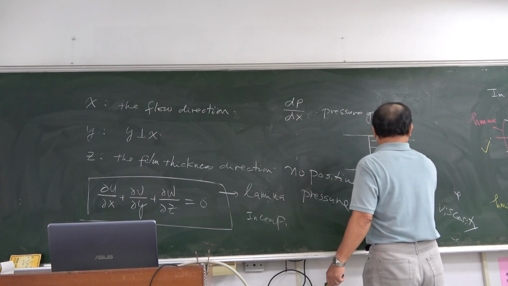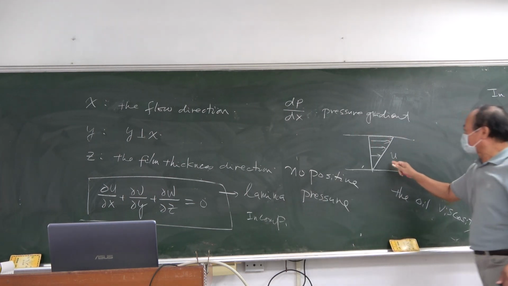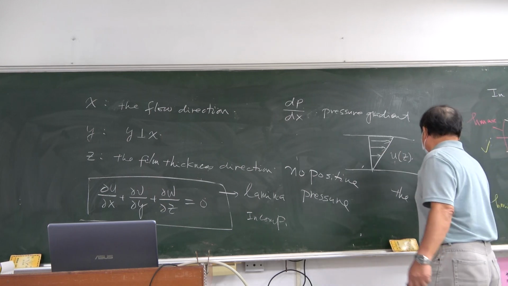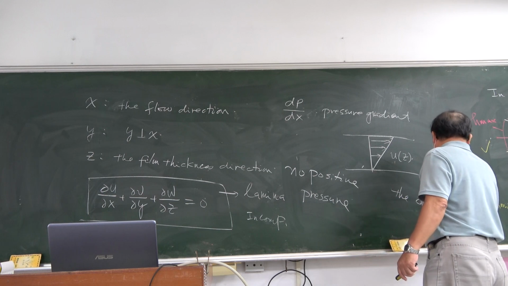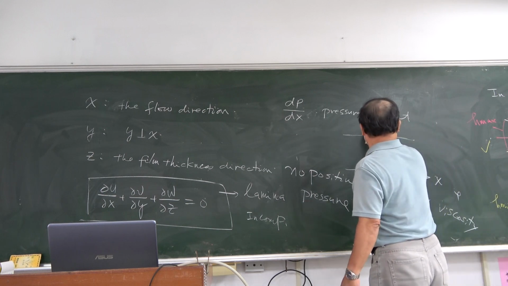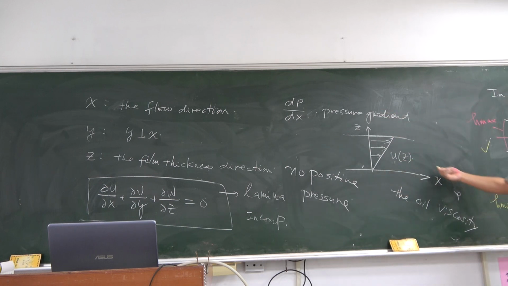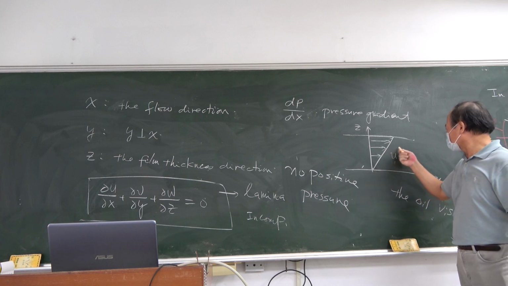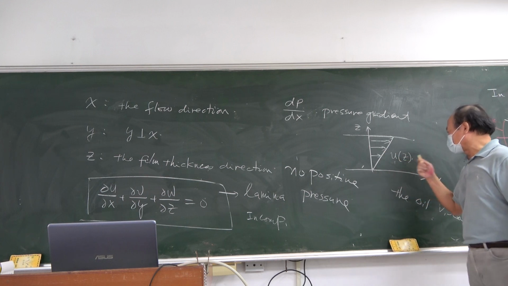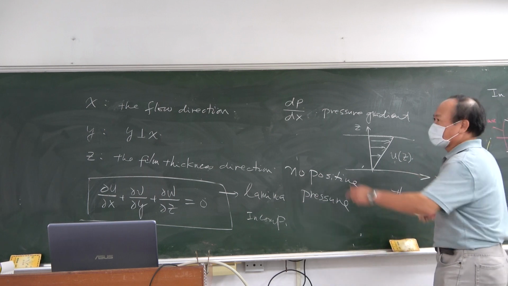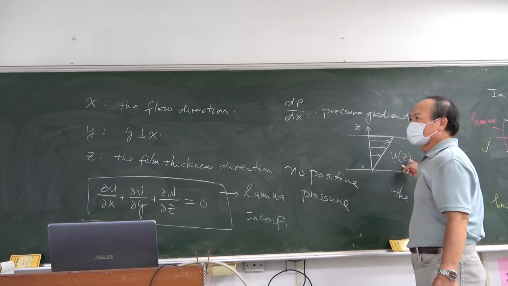You'll find that u is the x-direction velocity, and it is a function of z. Z is the film thickness direction, and x is the flow direction. We call it the local velocity, u of z. So u is a function of z only.